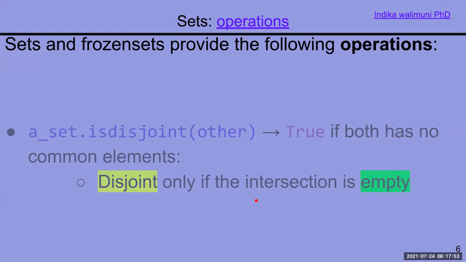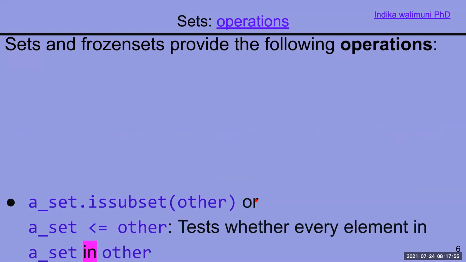All right. Issubset. We can check whether another set is a subset of a set. We can also use an operator for checking the subset, so it's really versatile.